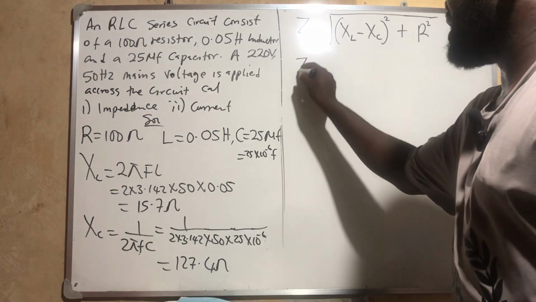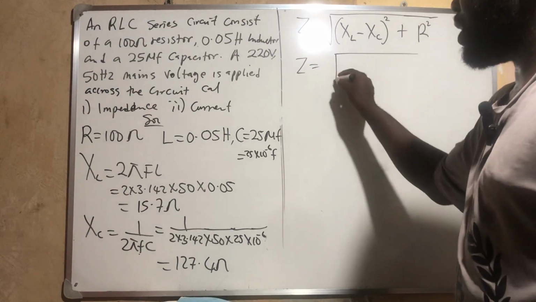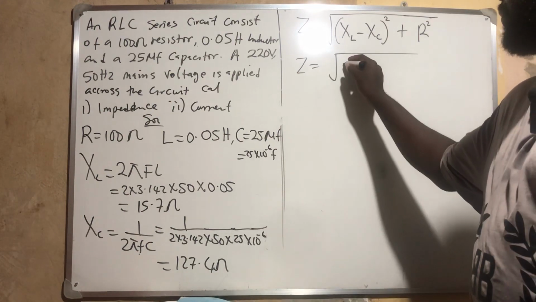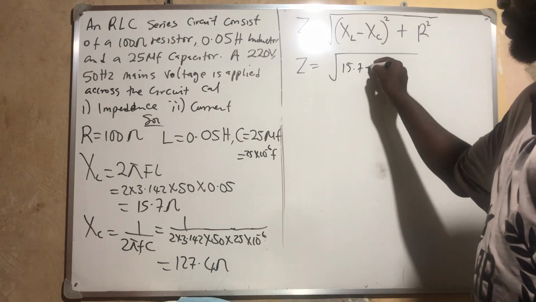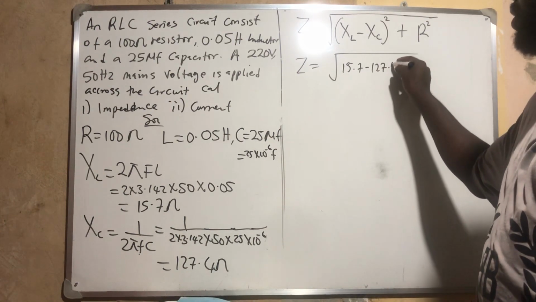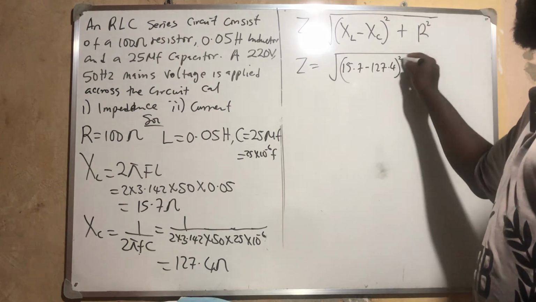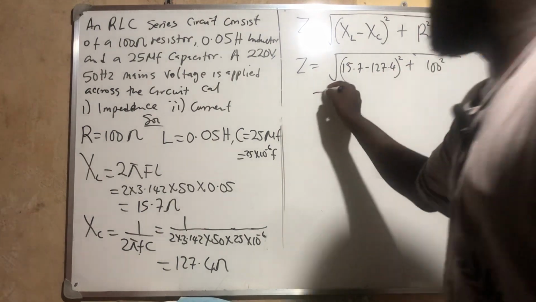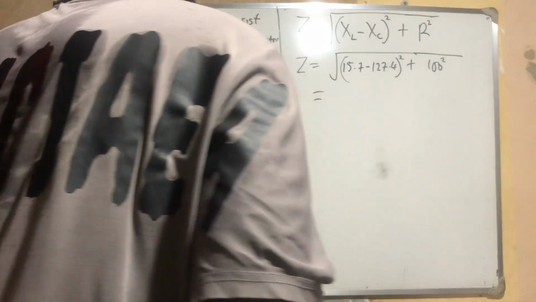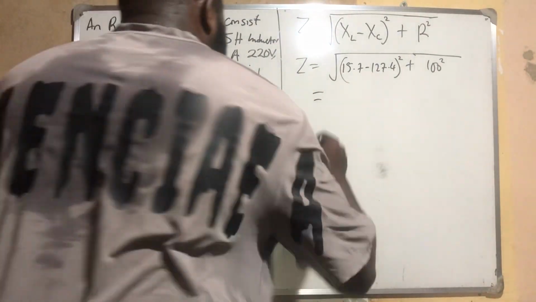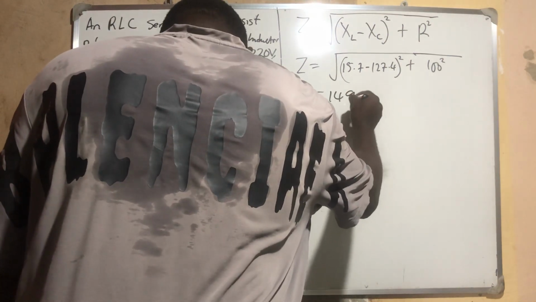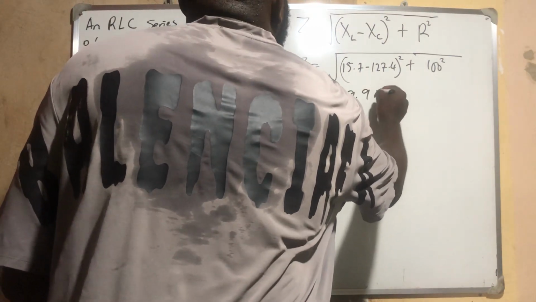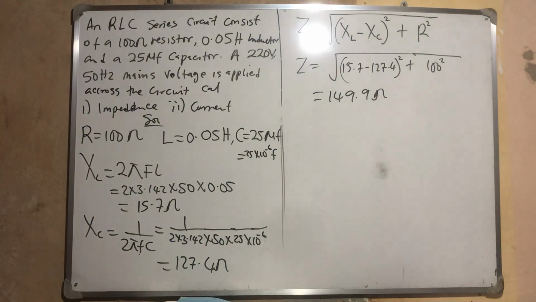So I have that my Z is equal to the square root of 15.7 minus 127.4 all squared plus 100 squared. So if you do everything in that bracket, you'll be having 149.9 ohms. Okay, that is approximately 150 ohms.